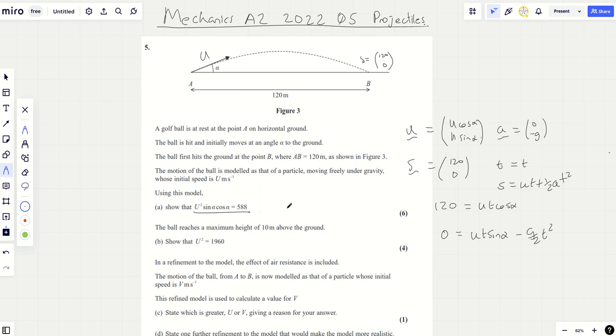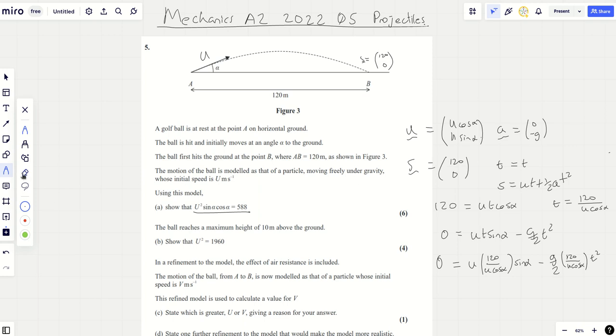Looks like we want to get rid of t because this is all in terms of u, sine and cos. So let's make t equal 120 over u cos alpha. And then we get 0 equals u times 120 over u cos alpha, sine alpha, minus g over 2 times 120 over u cos alpha, all squared.